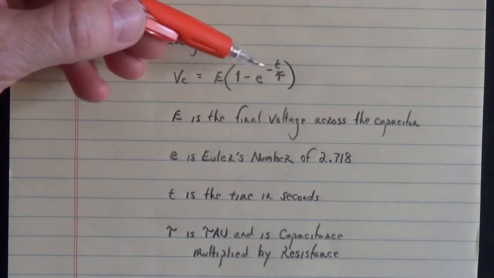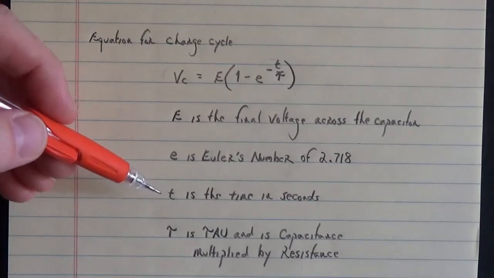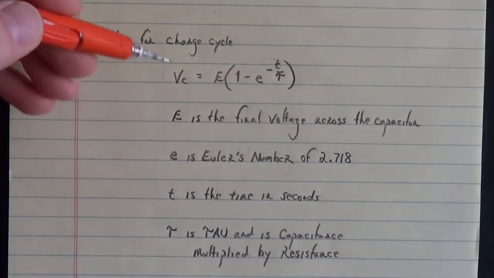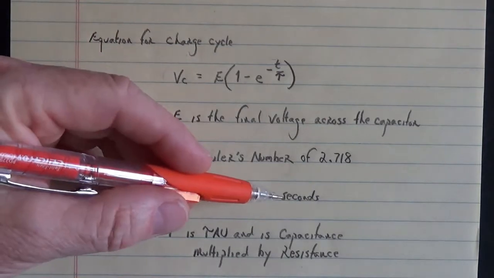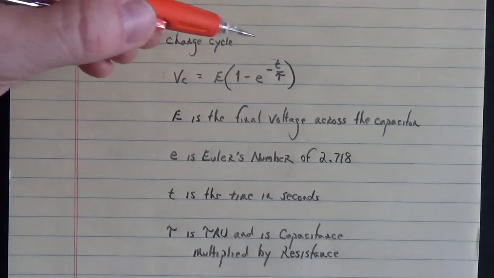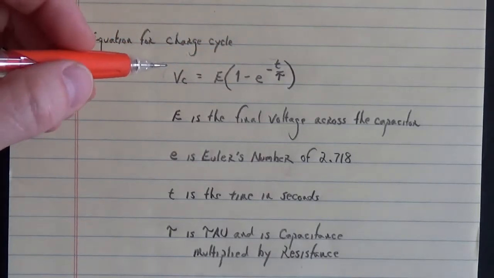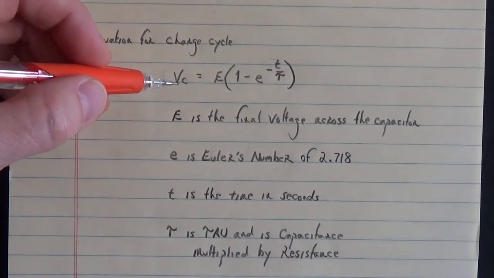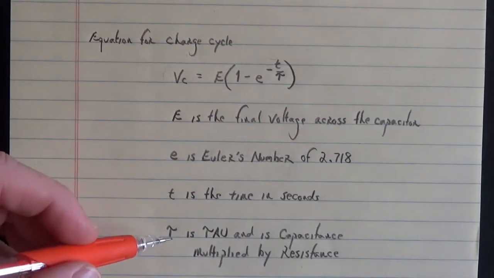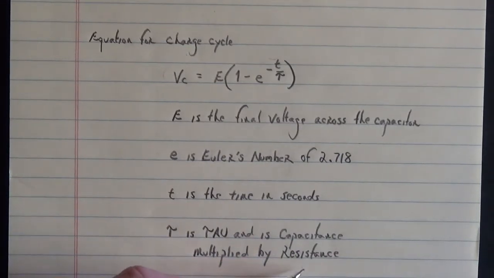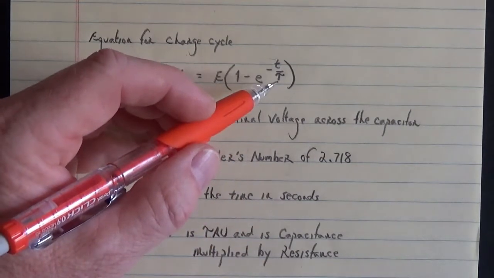T is the time at that instant in seconds. It is the time that you want to determine the voltage across that capacitor. And tau is the capacitance multiplied by the resistance.